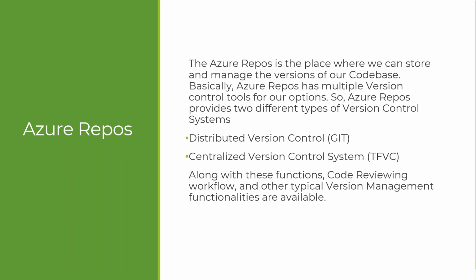So what this gives us is the ability for development teams to write their code, commit their code to a central repository, and go through an automatic flow where that code, before it is merged into what we call the master branch, goes through a period of code reviewing workflows.